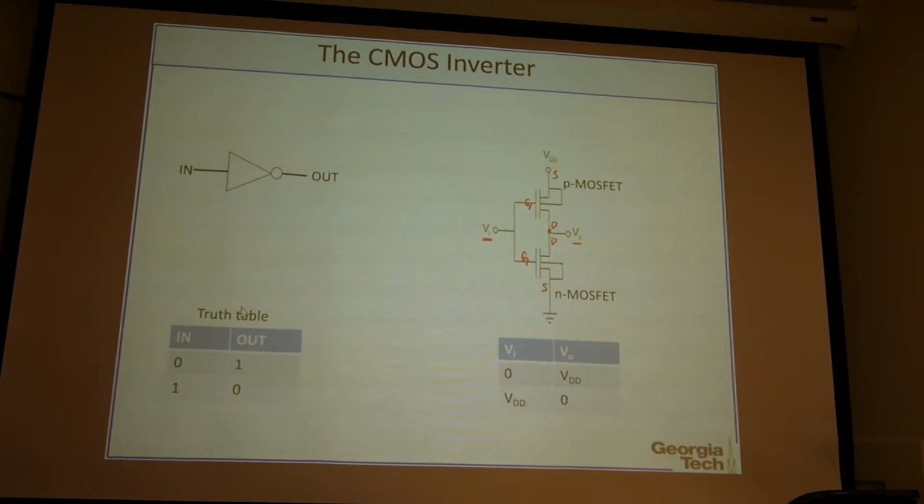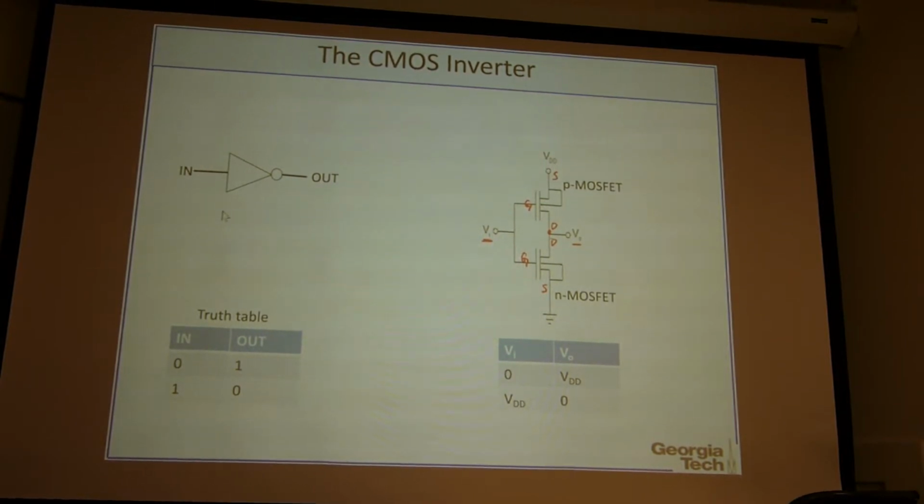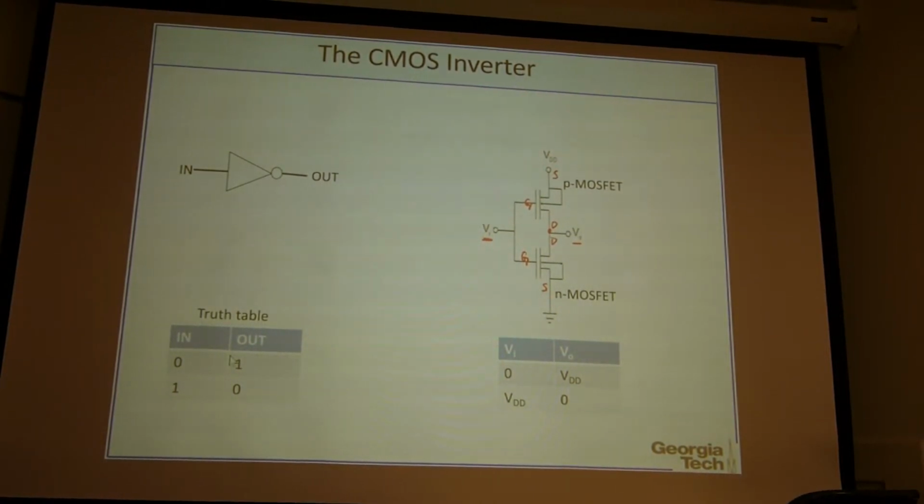So you know the truth table for the inverter. Just invert the signal from 1 to 0 and 0 to 1. That means digital level. But in the real circuit, you are looking at this kind of relationship between input voltage and output voltage. So the input voltage is 0, output voltage will be VDD, power supply. And the input voltage VDD, output voltage is 0.